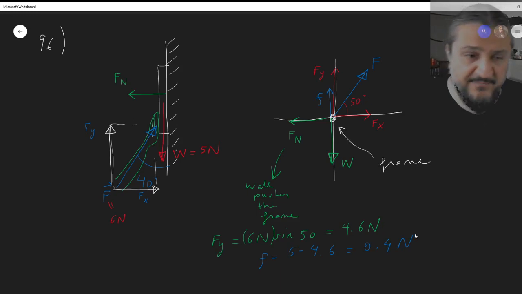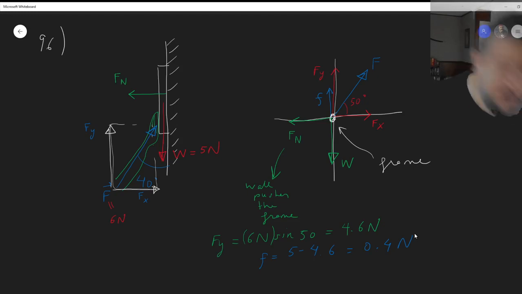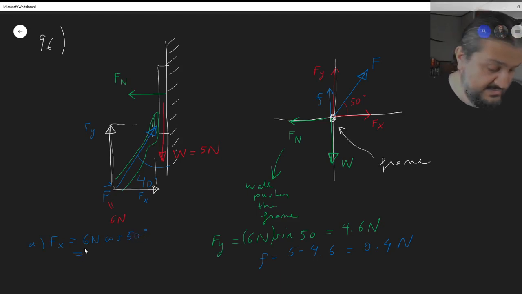What about Fx? I think that's what they were asking in the beginning. So part A was Fx, and that is 6 newtons times cosine 50. 6 cosine 50 is 3.856, 3.9 newtons.